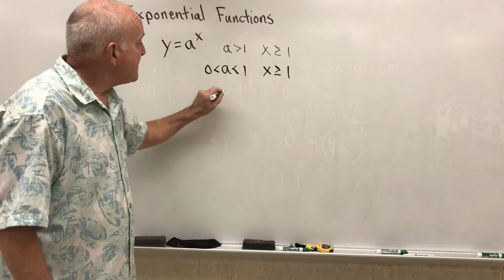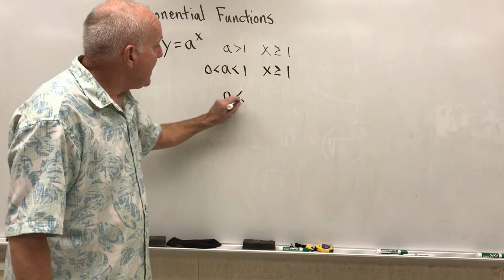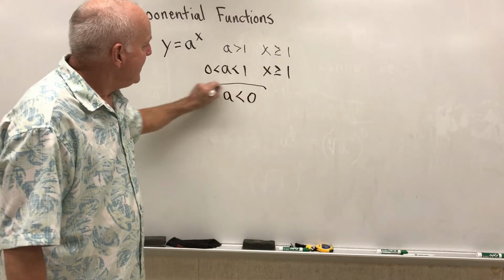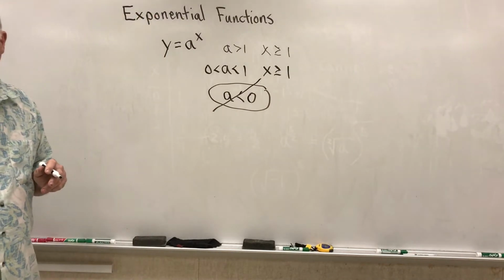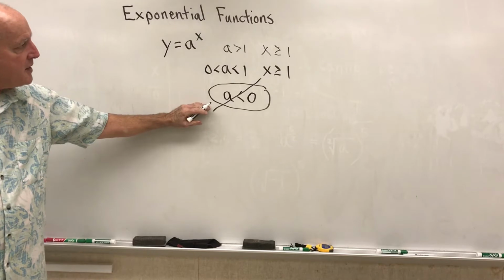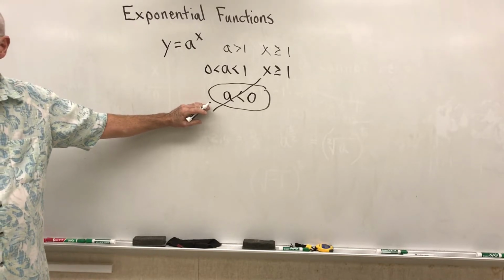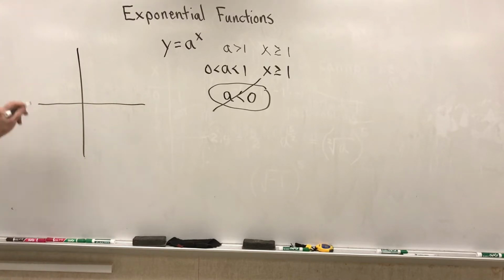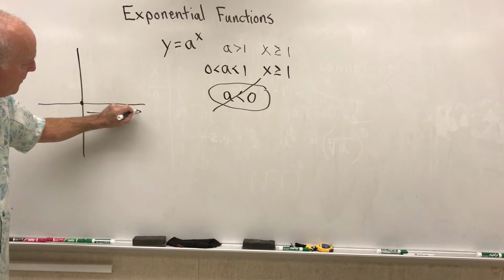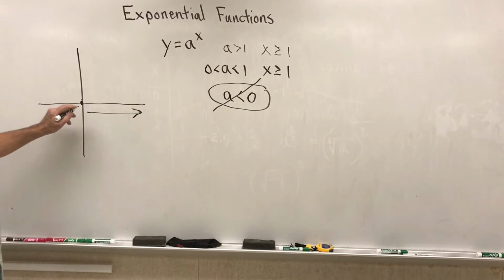And now we can say that a less than 0 is a big not allowed. We can't do that. So this is one of the things we're learning: within this graph, we can have x's from here on over, but we can't have a's from any negative territory.